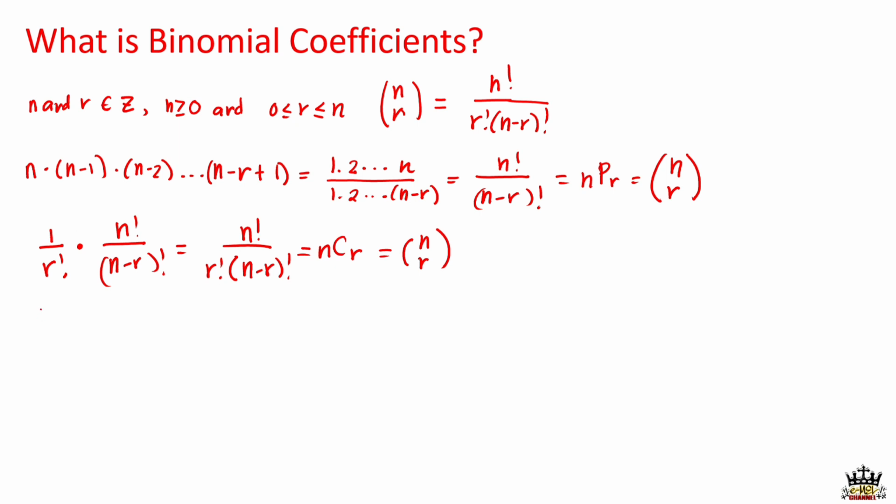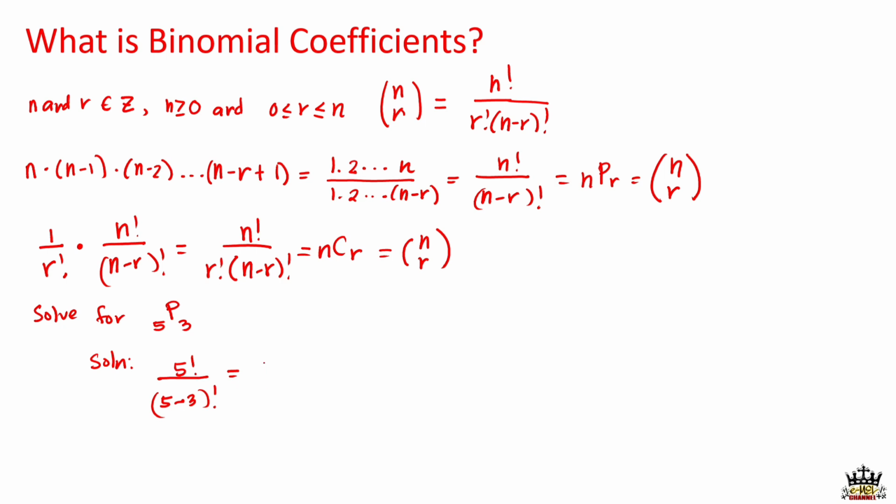Okay, so first let us solve for the permutation of 5 objects taken 3 at a time. So here's the formula. Since the order is very important, our solution is 5 factorial over 5 minus 3 factorial.